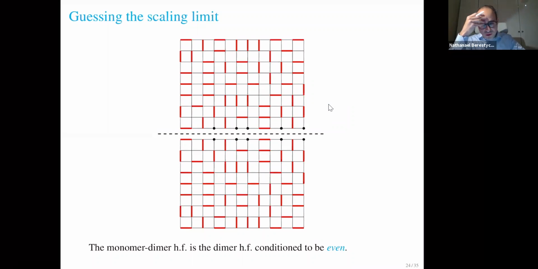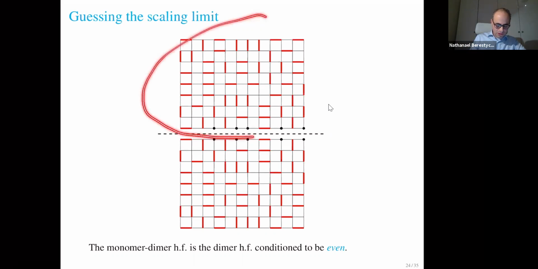Now, if I want to guess what is the scaling limit of the height function, here's what turns out to be actually a somewhat misleading argument, but you won't see that at the moment. One way to do that is to think about taking your free boundary dimer configuration and just reflecting it.